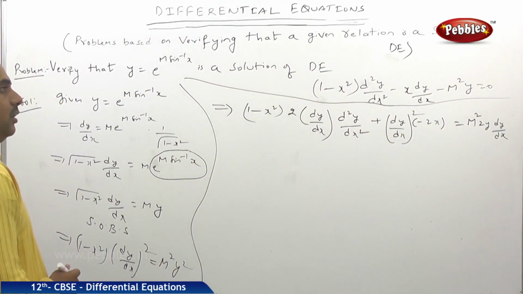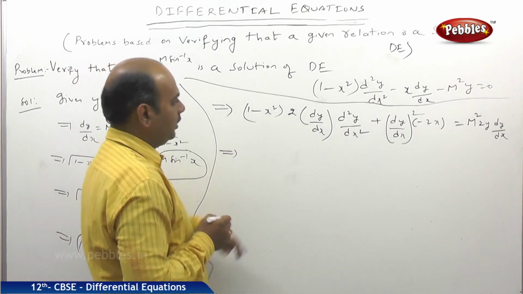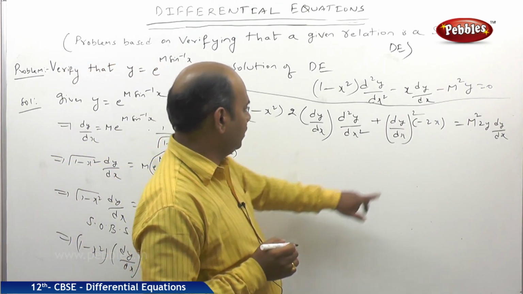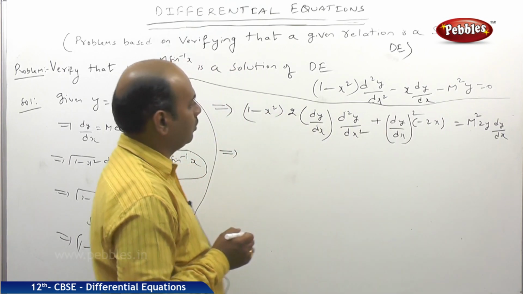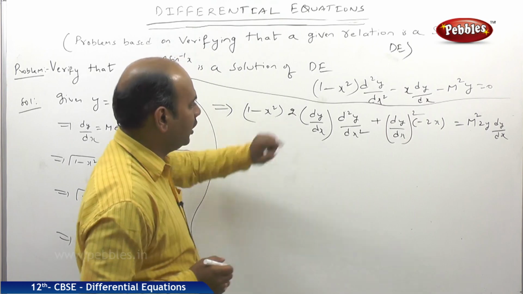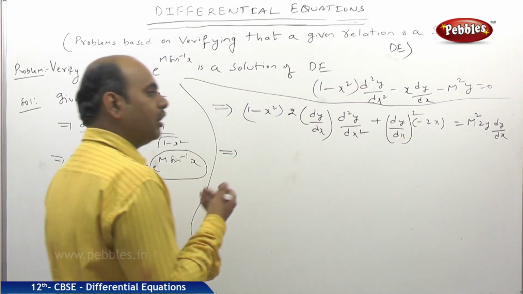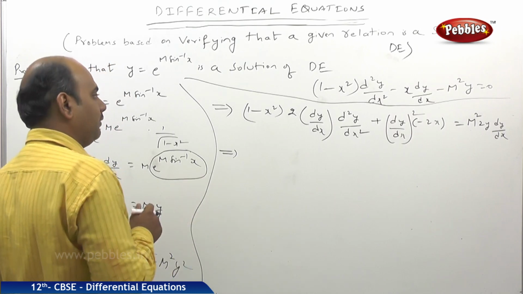Now I think we are going to finish our problem. If you observe carefully, here dy by dx is there, here dy by dx whole square is there, and here dy by dx is there, here 2 is there, here minus 2 is there, and here 2 is there. So I can remove all, 2 into dy by dx.